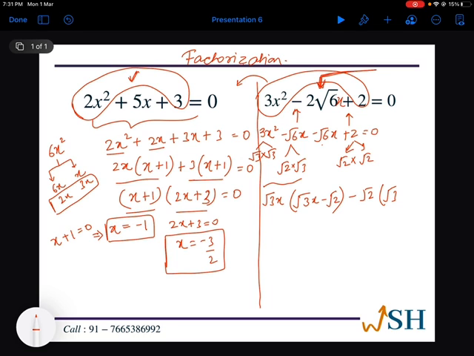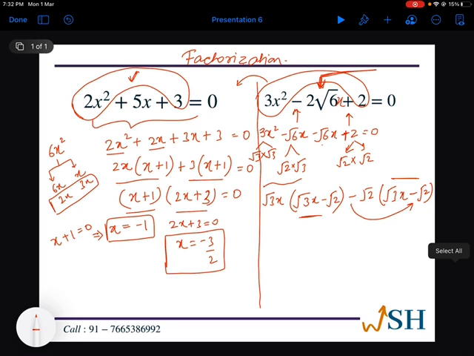So we can take root 2 common, and inside we'll have root 3x, and since we want plus as the product, the inside will be having minus in order to get minus times minus as plus 2. So this would be root 2 again. And by default these terms have to be the same, so you can get the hint from that.